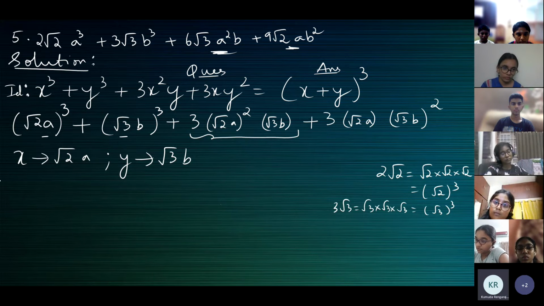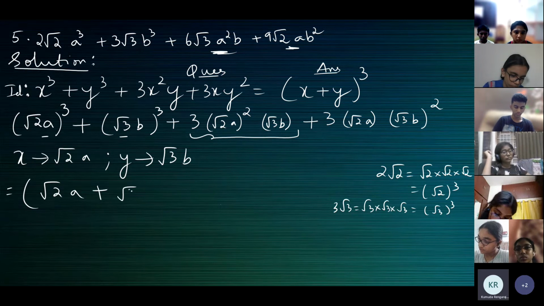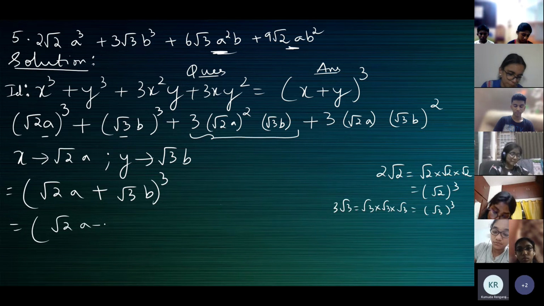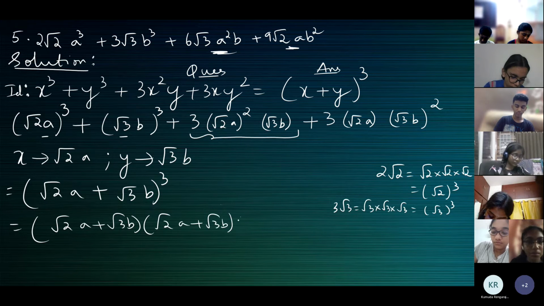X is root 2a and y is root 3b, the whole cube. The whole cube means you can write it 3 times: root 2a plus root 3b into root 2a plus root 3b into root 2a plus root 3b.